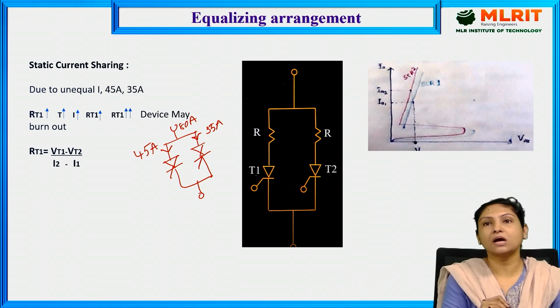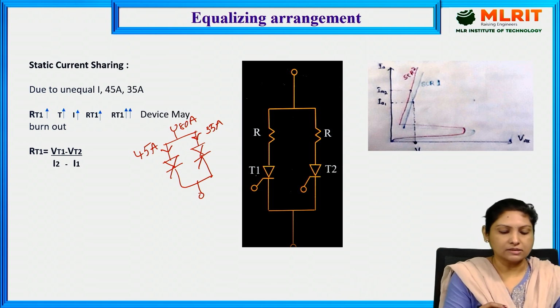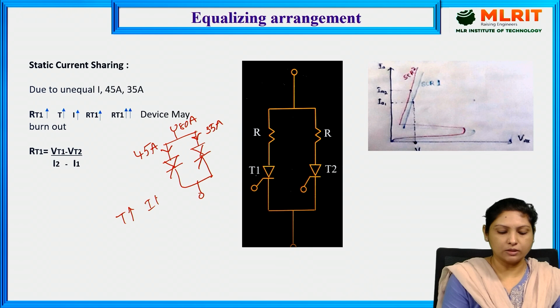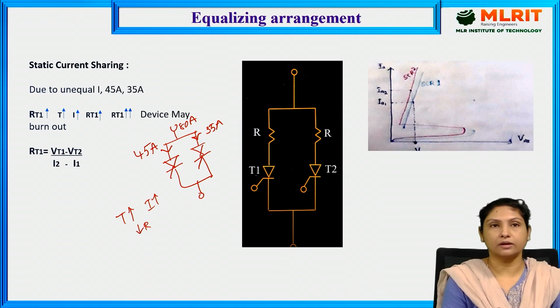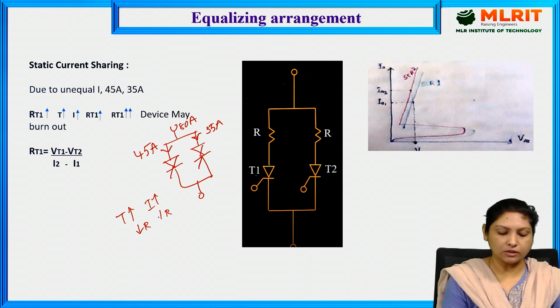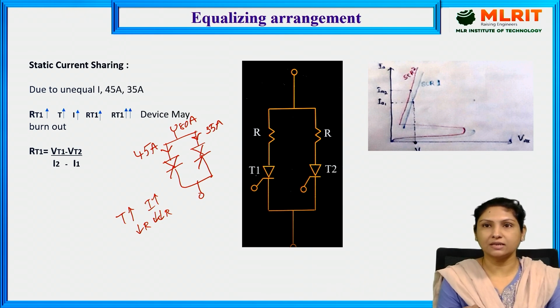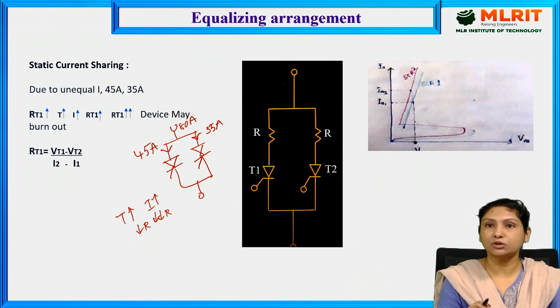Because of this high current, the temperature increases. If the temperature across thyristor 1 increases, the current will increase, because of which the resistance of this thyristor gets reduced. This is a cumulative process, and the resistance reduces further. The temperature increases excessively and the device may burn out ultimately, and that should not happen. So that is the reason we go for an equalizing circuit.